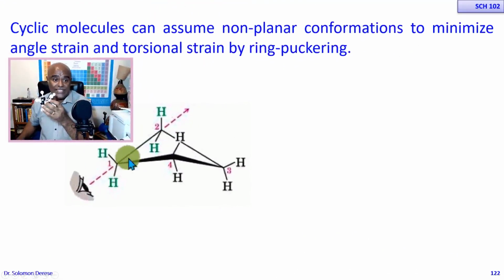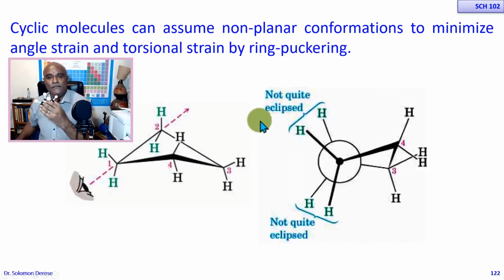If you look at the molecule like this, you will see that this one and this one are not facing each other. They are not eclipsing each other. The same, this one to this one. There is some kind of torsional relief. These ones are not quite eclipsed.